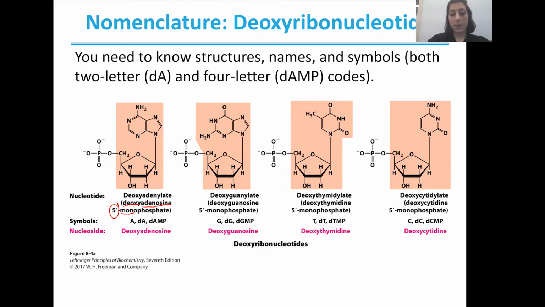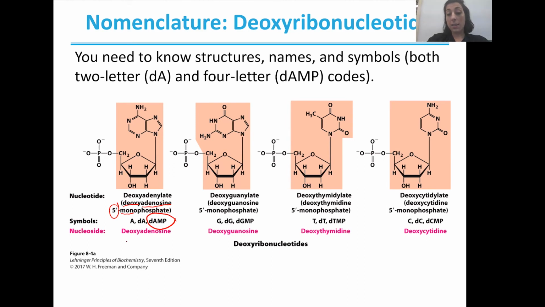This could also be distinguished as dAMP, and the letters go with everything we just talked about. D, we always use D if we're using a deoxyribose sugar. So D is for deoxy, A is for adenosine, M is mono, and P is phosphate, so monophosphate here.